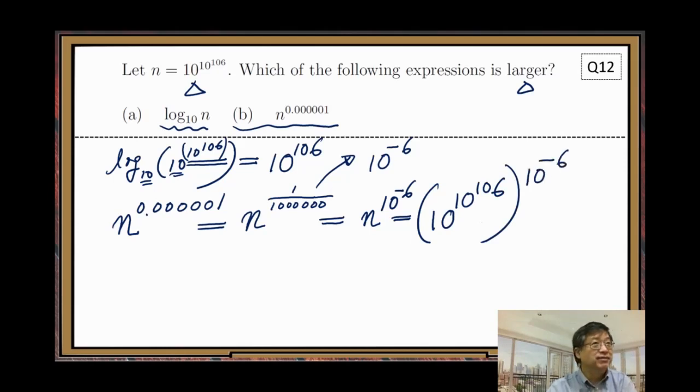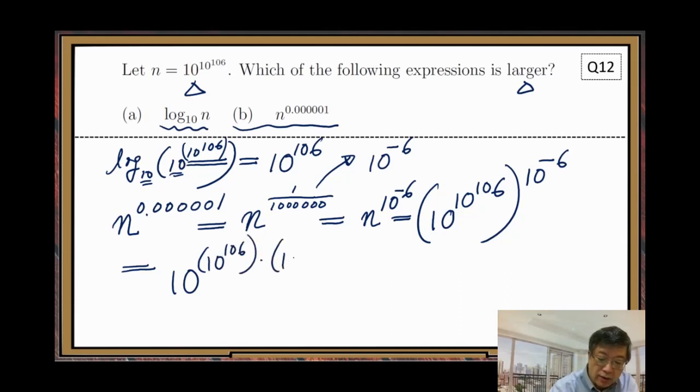Then after that, we need to apply a property of the exponential function. With base 10, two numbers multiply together, 10 to the 106th times 10 to the negative 6th. Then further simplification: 10 to the 106 minus 6.